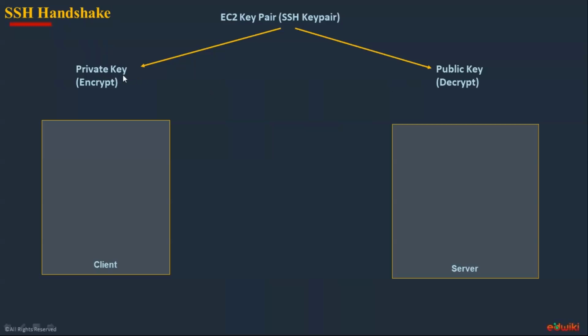The private key and the public key files, both files together, we call it an SSH key pair, because these two key files are used for establishing a secured connection between the client and the server.